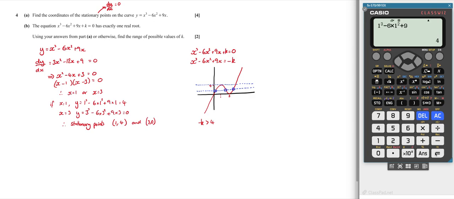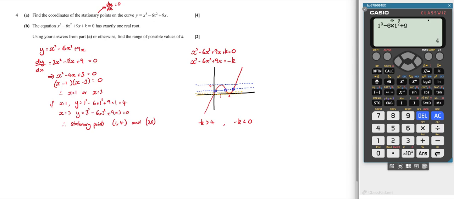Conversely, if I do it on the other side, so if I have anything below the axis, so again, if I draw my horizontal line along here, I've got 3 solutions. Anything then along this axis would give me 2, so anything below the axis, so minus k is less than 0.